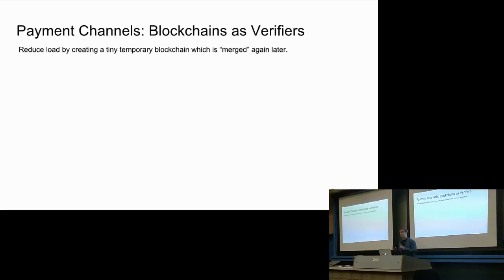The main idea of a payment channel is that if we have two people who constantly send money back and forth, then it doesn't really make too much sense to store this intermediate state on the blockchain. If you already know that you will send money back and forth in the future, then it's much better to do that not on the blockchain but somewhere else, and then only, I don't know, once a day or whenever, just store the current state on the blockchain.